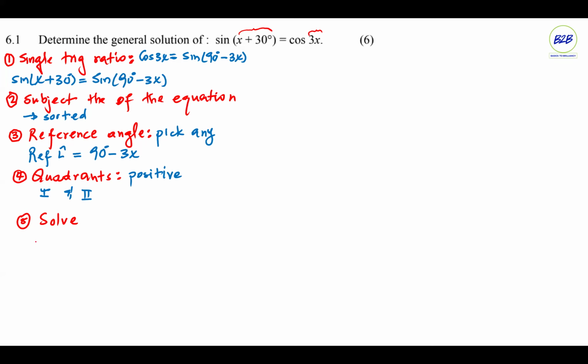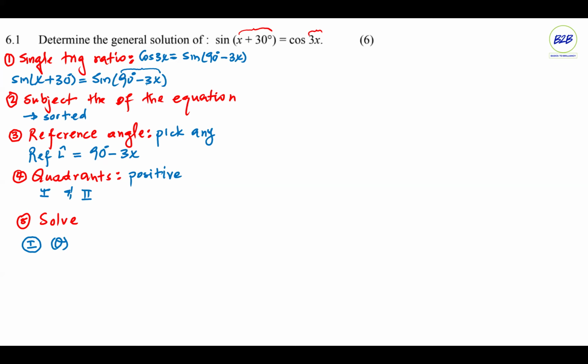So when we solve, we will say, okay, we selected the first quadrant. And then our first quadrant would be represented basically by what we refer to as theta. By now, I think you know what theta is. It is that reference angle, 90 degrees minus 3x. Remember I said when you pick any angle between the two, you must pick any, but remember your choice.